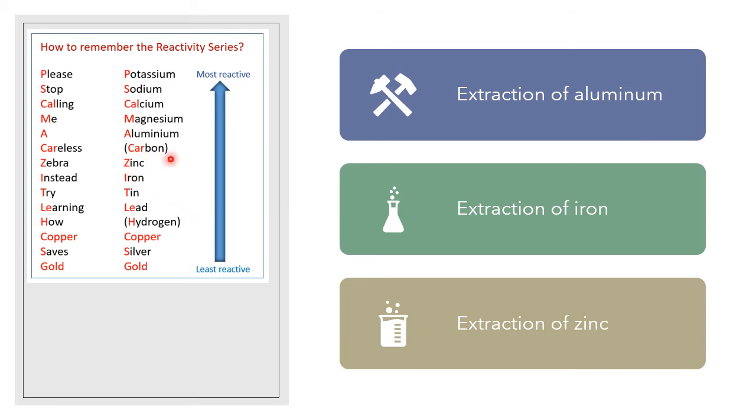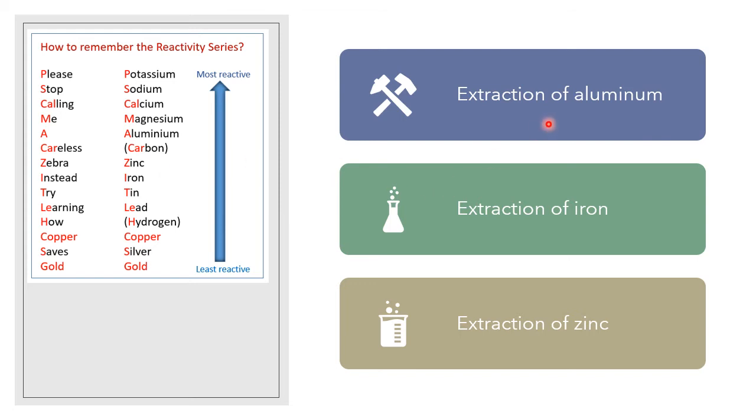This is carbon. Okay. Any metals that are above carbon in the reactivity series, we consider it as a reactive metal, and the method to extract this reactive metal must use electrolysis method. While any metal which is located below carbon in the reactivity series will be extracted using reduction by carbon.